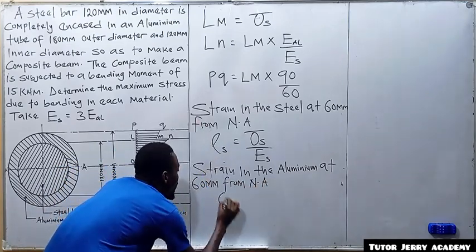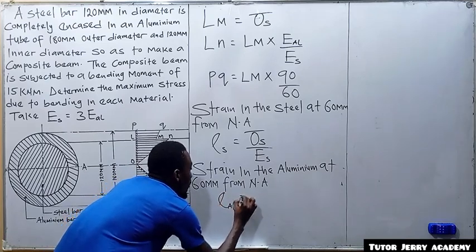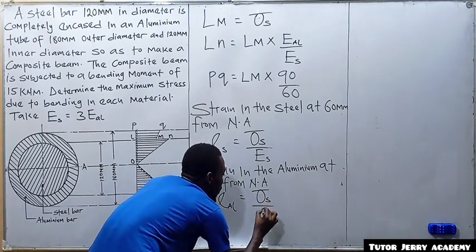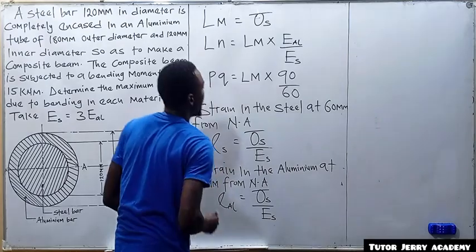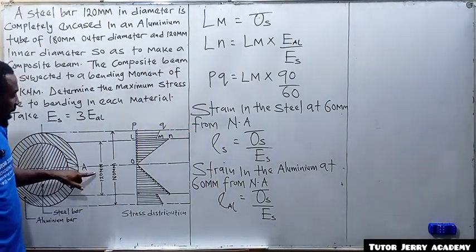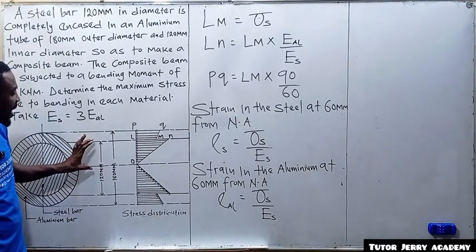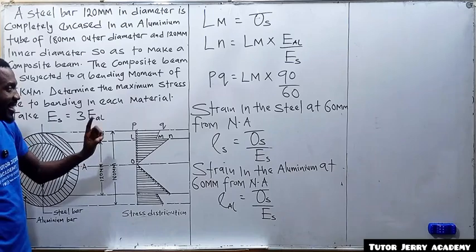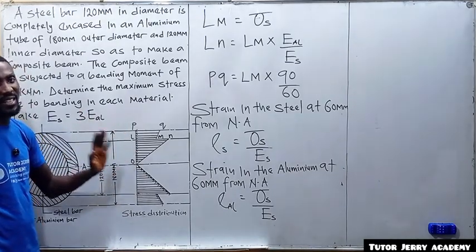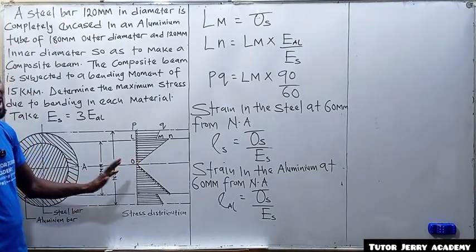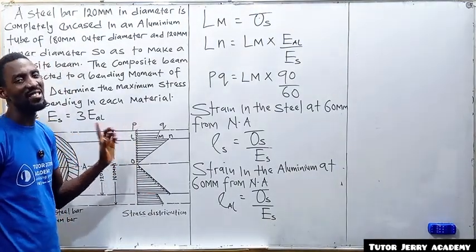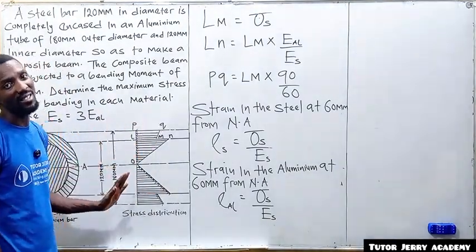This will be equal to stress in the steel all over the modulus of the steel. So the meaning of this is at 60 mm from the neutral axis, the strain in the steel is equal to the strain in the aluminium. Is that clear? And from our derivation, we have been taught that strain is directly proportional to distance. Is that clear?